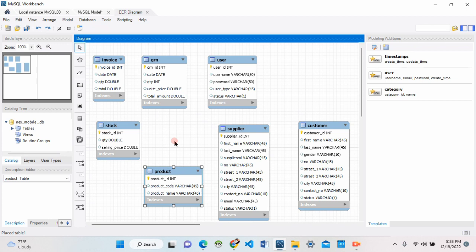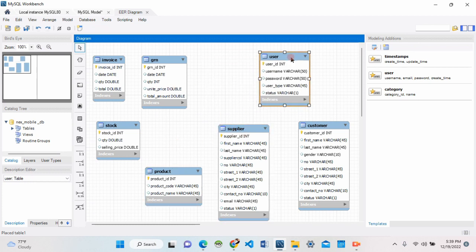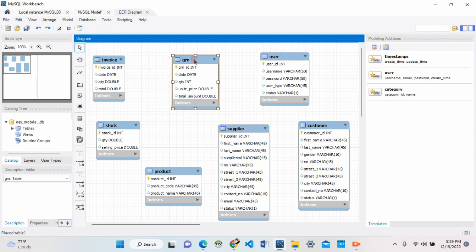In the first question, they have told us to mark the relationship between supplier and GRN. This is the supplier table and this is the GRN table. If I mark the relationship, there is a one-to-many relationship. To see this, one supplier can give many GRNs, but for one GRN there is only one supplier.